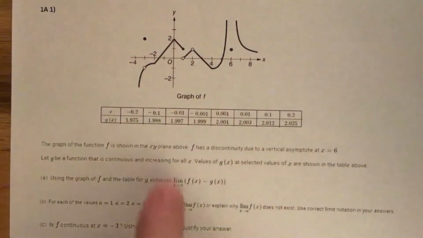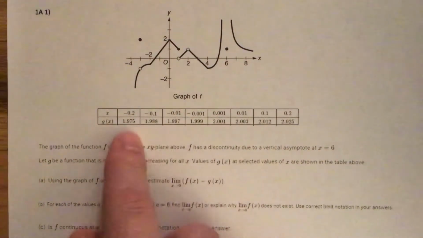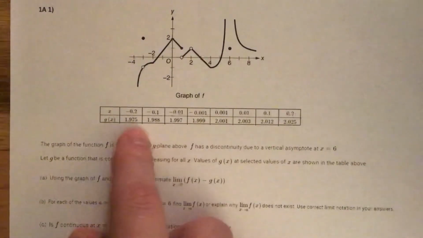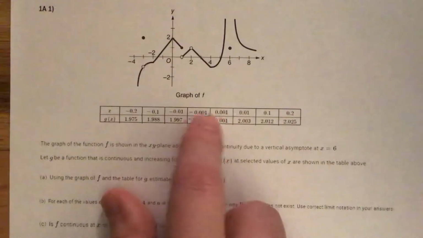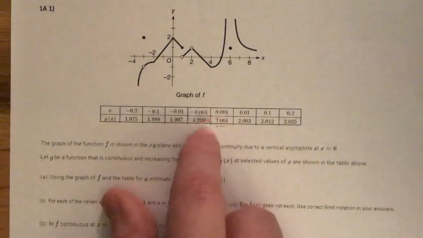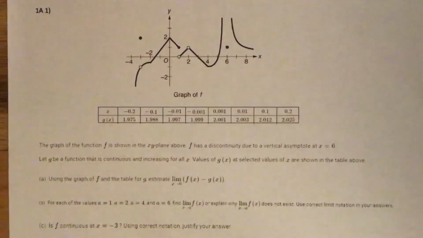And then on this table, they basically also say that g is always increasing, so it gives you a good estimate. Now, they do say estimate, so it doesn't have to be perfectly exact, but the best estimate in between here, zero being in between these two, looks like 2 is a really good estimate for it.